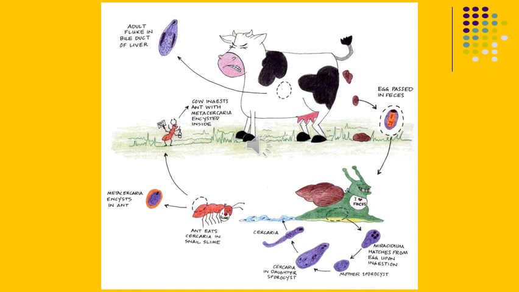When the cow ingests plants, it will ingest the ant with metacercaria, and in the intestine of the cattle, the metacercaria will change to the adult form, and the adult form will transfer to the gallbladder and bile duct.